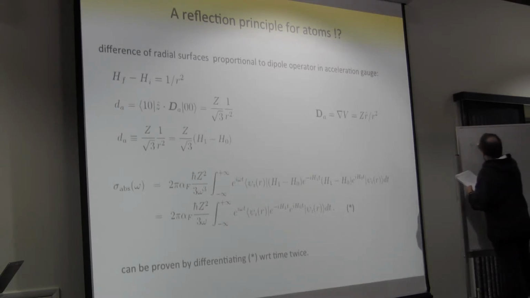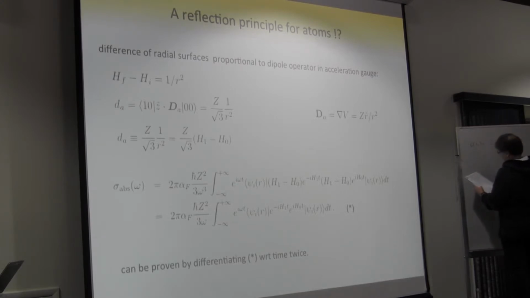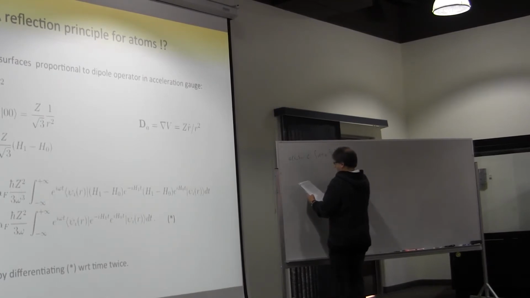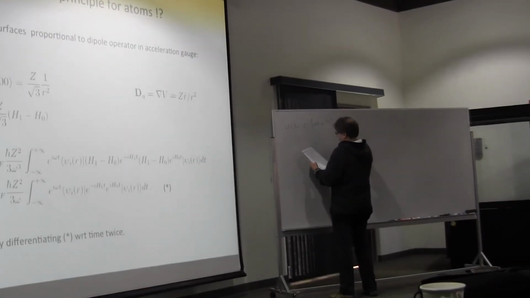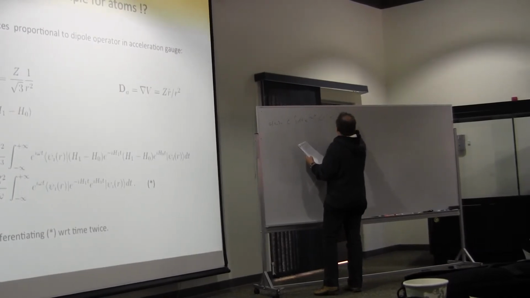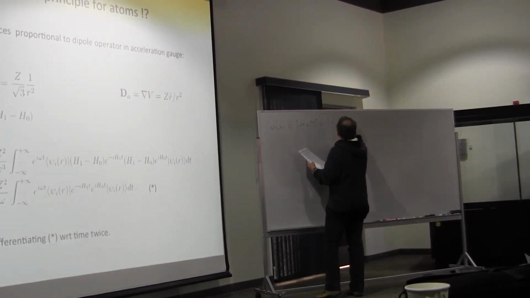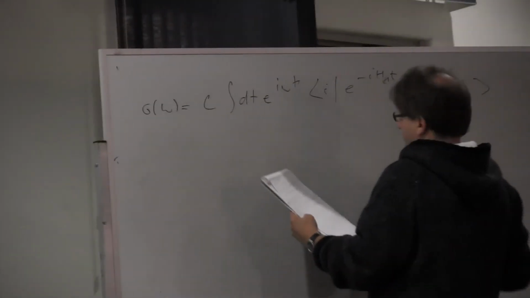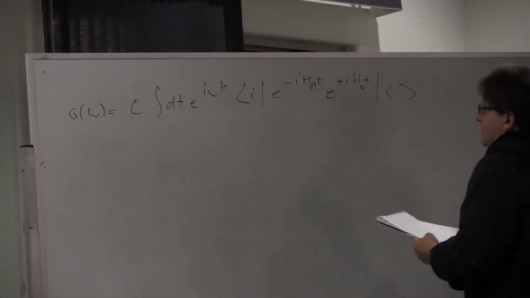So we have sigma of omega is now this prefactor c times the integral e to the I omega t, initial state expectation value of this fidelity Hamiltonian, E final or E1, e to the plus I H0 of t, and dt I have already.